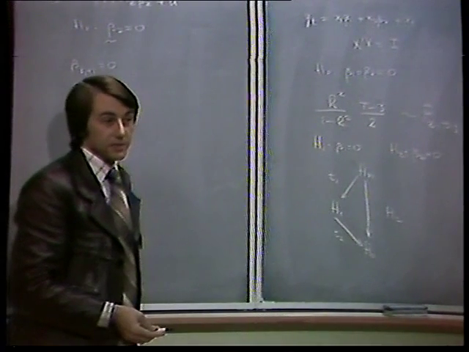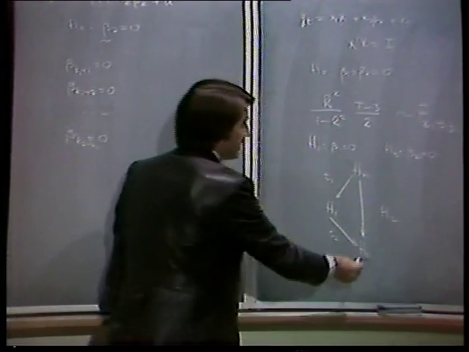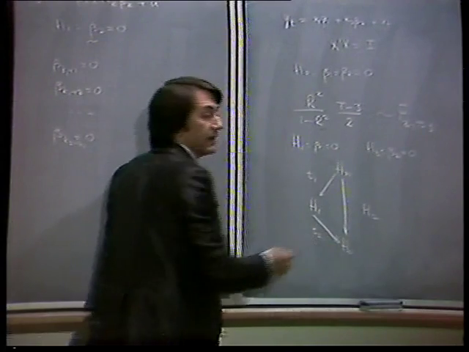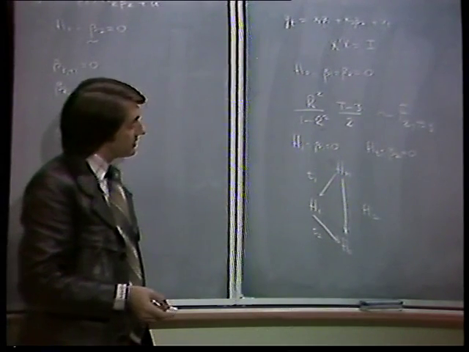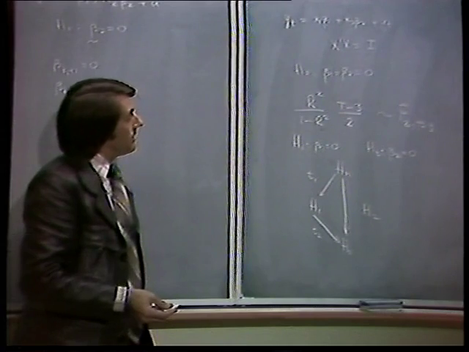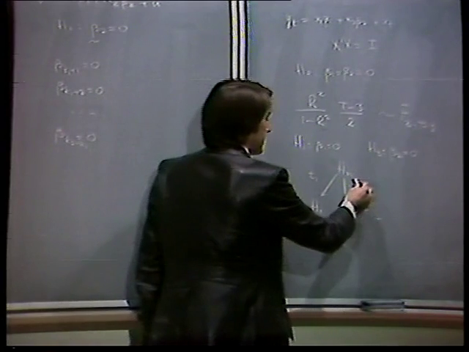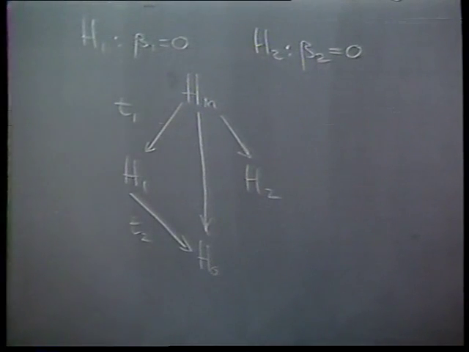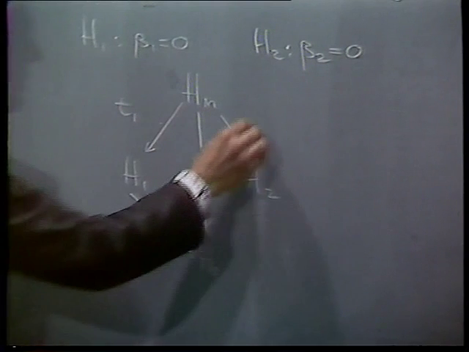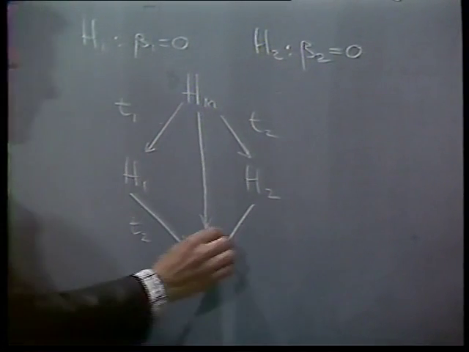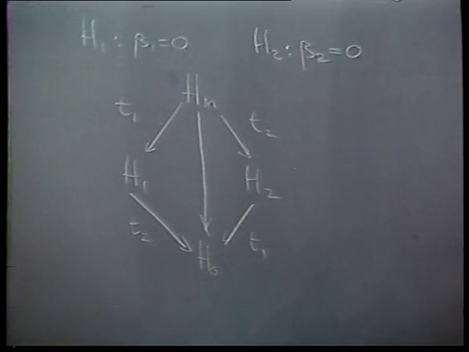So that gives us an alternative sequential method for testing H0. We test H1 first, and then if H1 isn't rejected, test H2. But given the lack of structure in this particular problem, we could also have a sequential procedure which tests H2 first via a t-test on beta 2, and then if we don't reject H2, go on to test H1 via a t-test on beta 1.